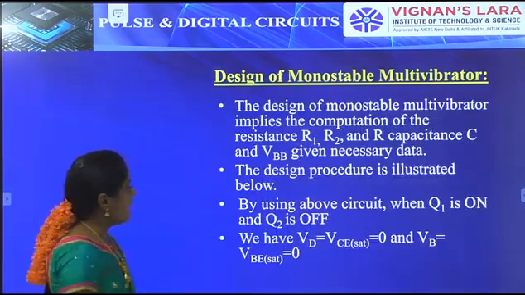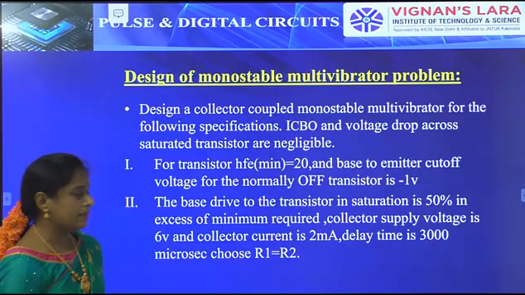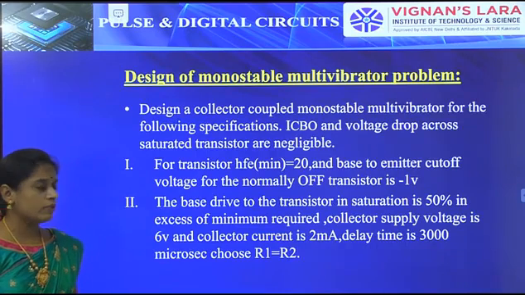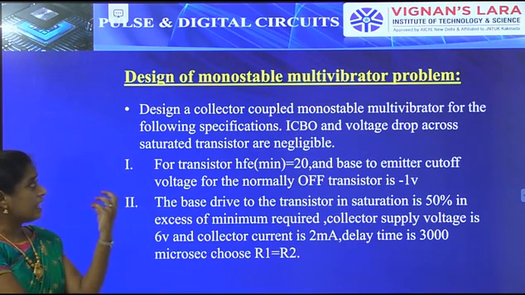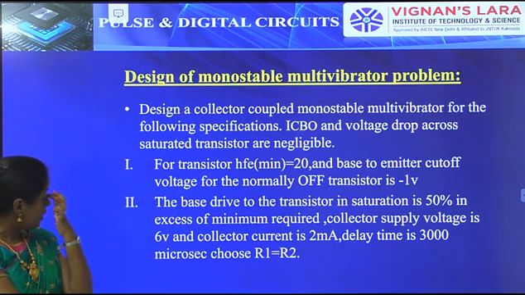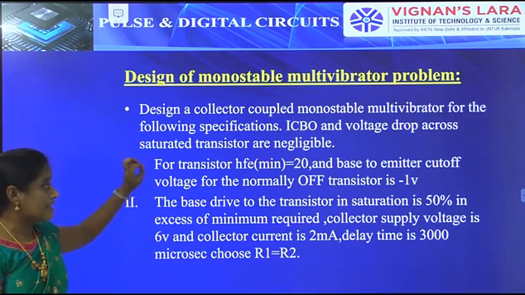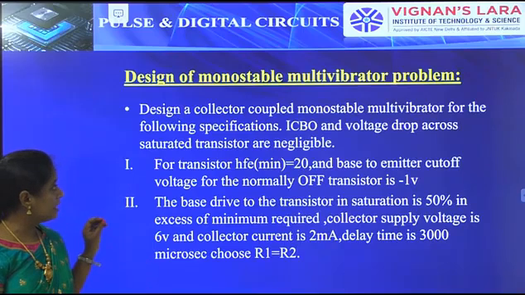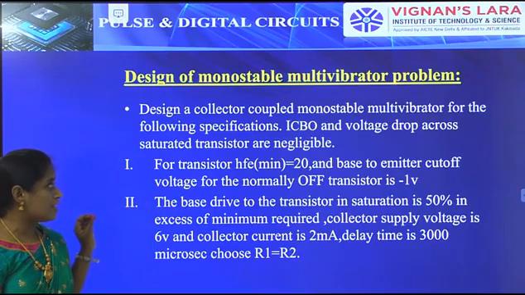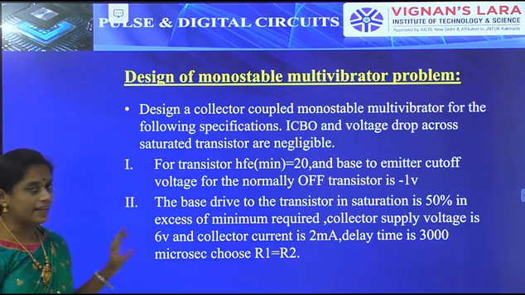Regarding this we have to discuss one problem, and from that we have to design the monostable multivibrator. What is the problem? Design a collector coupled monostable multivibrator for the following specifications: ICBO and voltage drop across saturated transistors are negligible, meaning the junction voltages will be negligible.